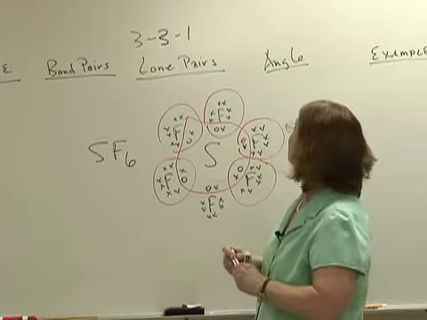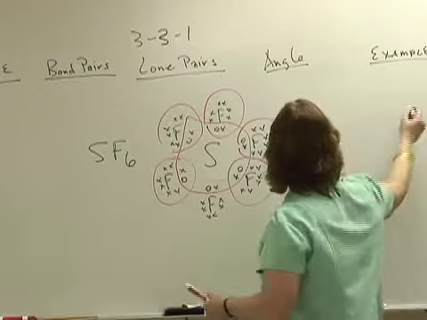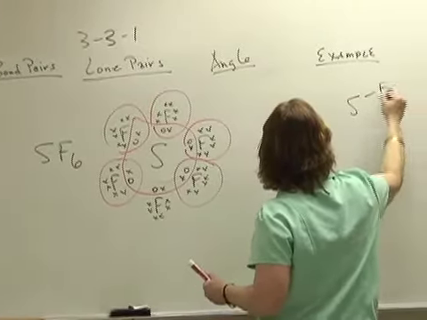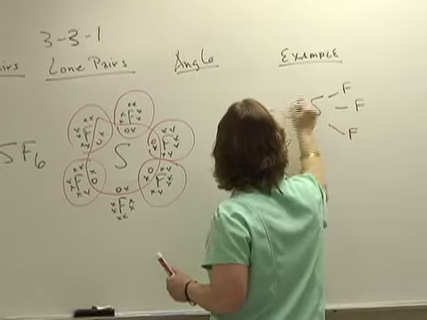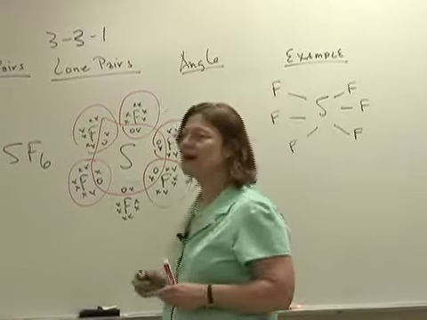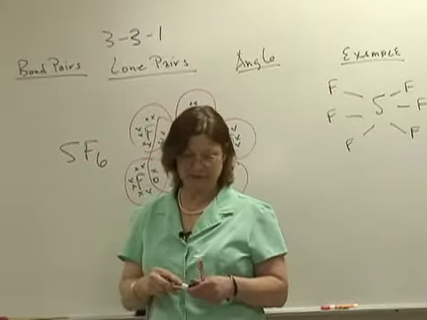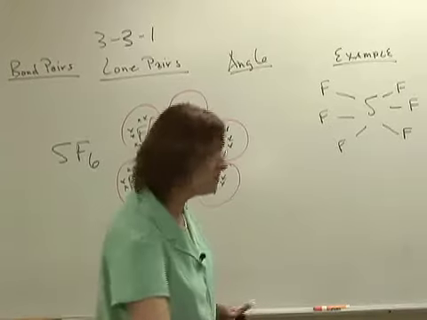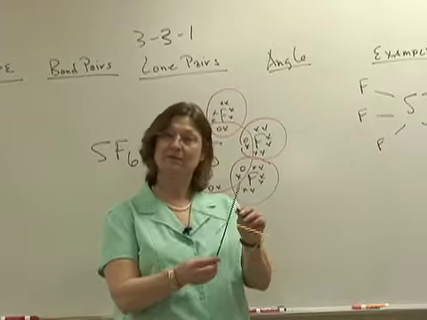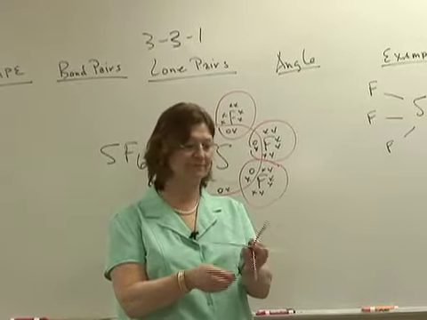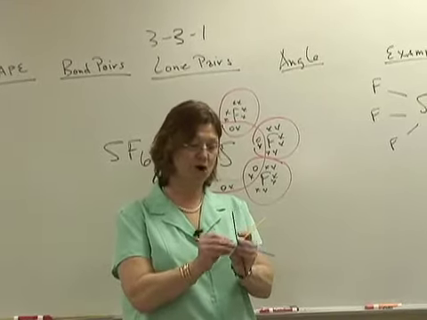And this molecule, we would draw it like this. But again, that does not give us a good 3-dimensional representation. And I do have another model to show you that we do have this representation.